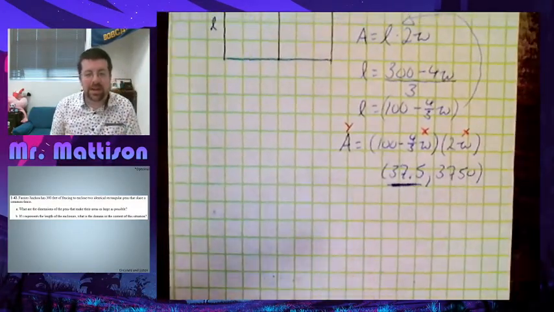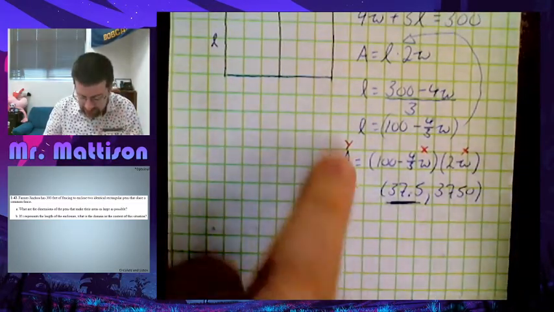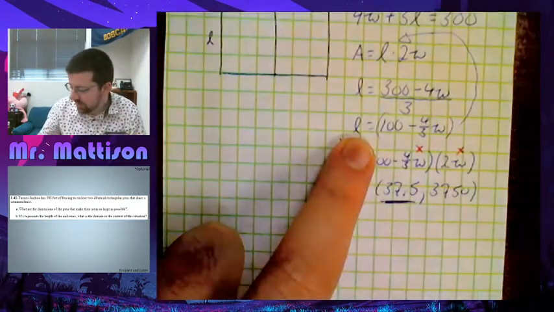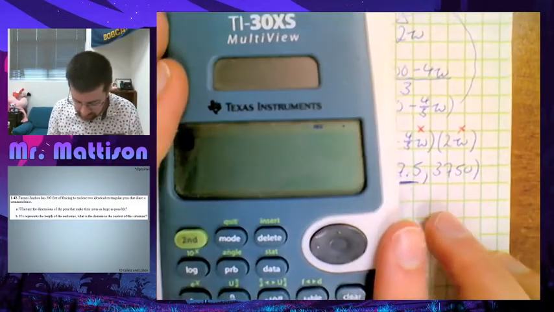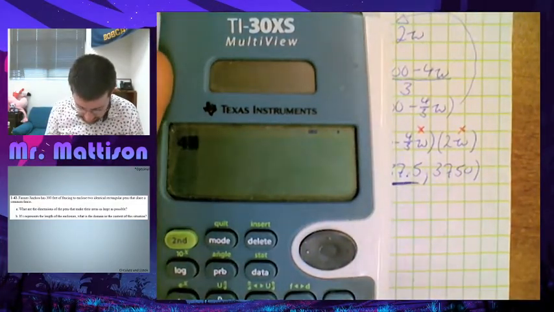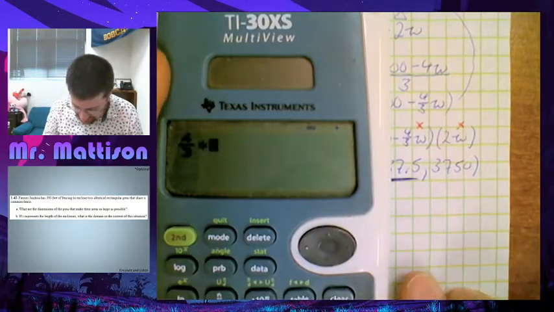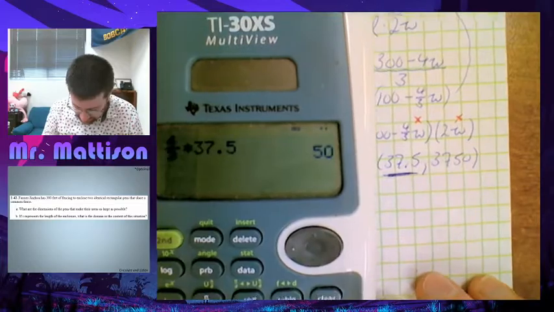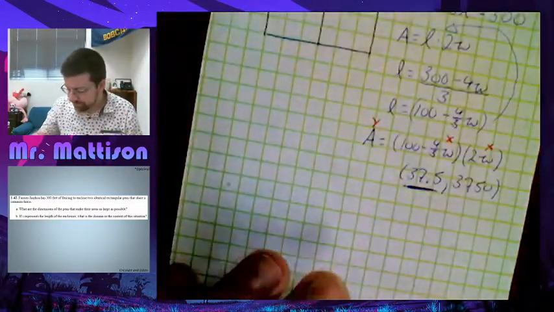Now to get the other dimension, my length, I can just take that width, plug it in here. So if I do 4 thirds times 37.5, and then I do 100 minus that, well, 100 minus 50 is going to be 50.